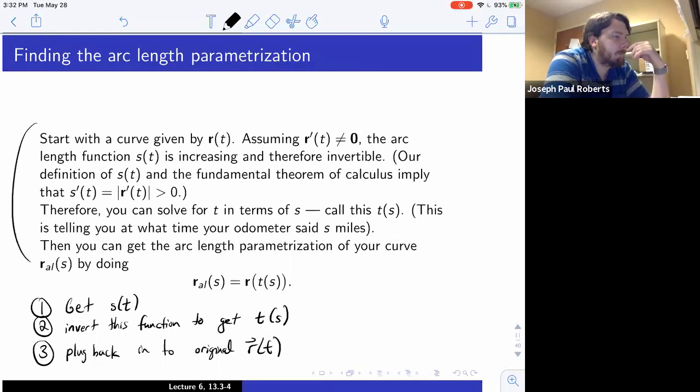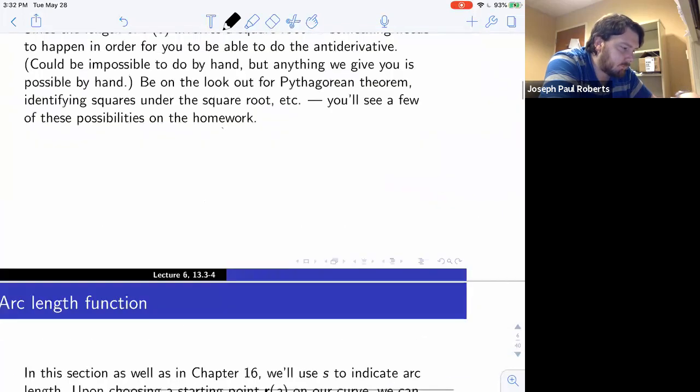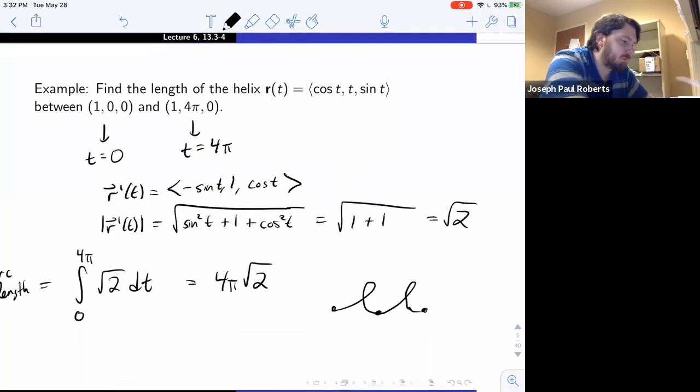So the question is, is this only relevant when dealing with real-world examples, or can lines move at different speeds when working with more abstract problems? It's true, I'm trying to tie it to the real world just to help explain what on earth is going on. This example that we've been working with so far is kind of special, in that the length of r prime of t doesn't depend on t.